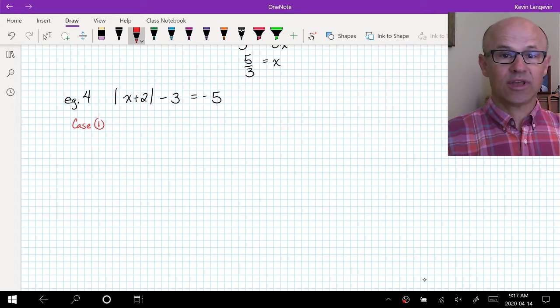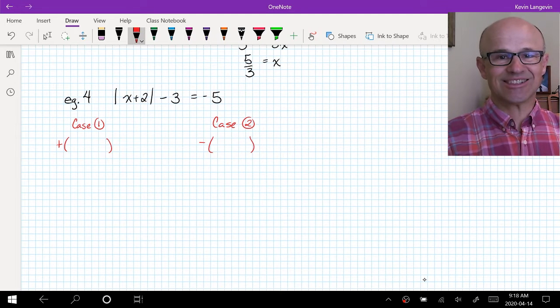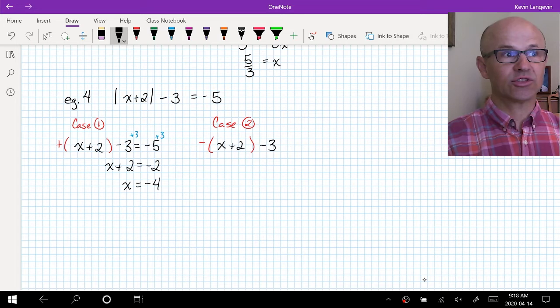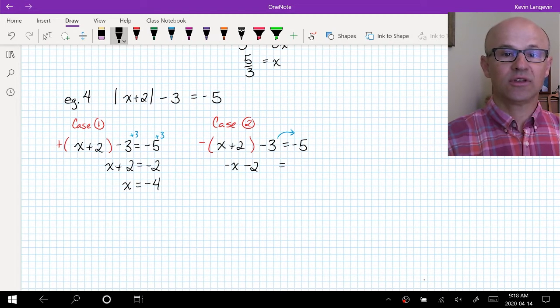Case 1, the x plus 2. It's positive, it stays as an x plus 2. I rearrange, I solve, I end up with x is equal to -4. Case 2, I bring the negative sign in, rearrange and solve. This time I get x is equal to 0.